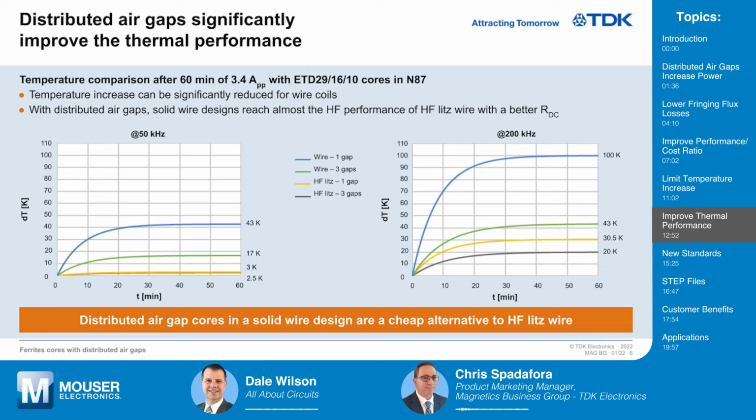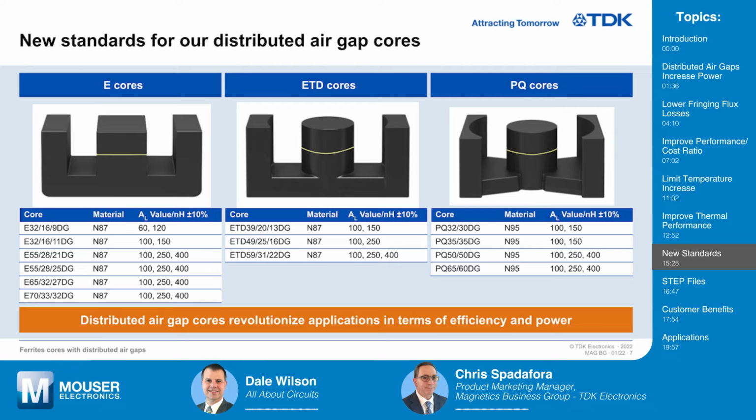We talked a little bit in the beginning about standards, and what's so great about this product is that it's accessible to the masses via distribution. We developed a series of products in standard cores that the industry uses every single day. We developed a list of standard AL values, that's the electrical value, that the core family will support.